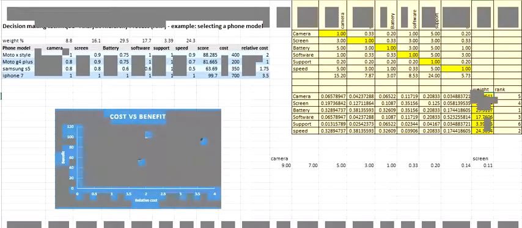So what we see here in the weight percentage is 24%, 29%, 16%, and so on. And now we can rank accordingly. First rank goes to battery because it's 29%, second rank goes to speed, third rank goes to software, and so on. So that's how we reached here.